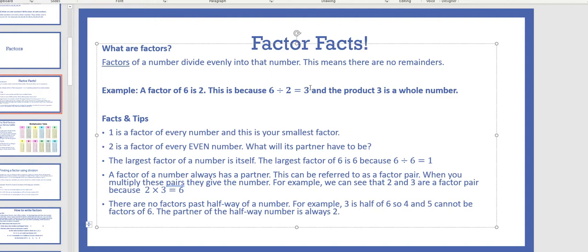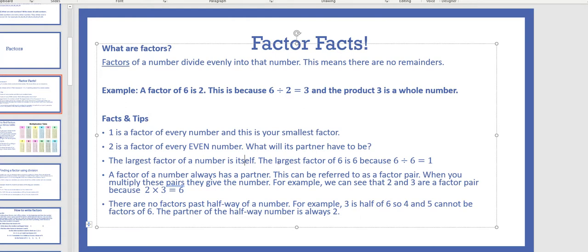So fantastic. Now, some facts and tips, and these are important to know when we do our questions. 1 is a factor of every number, and this is your smallest factor. Okay, so whenever you're writing factors of a number, you just start with 1. I'll just go to the third point. The largest factor of a number is itself.